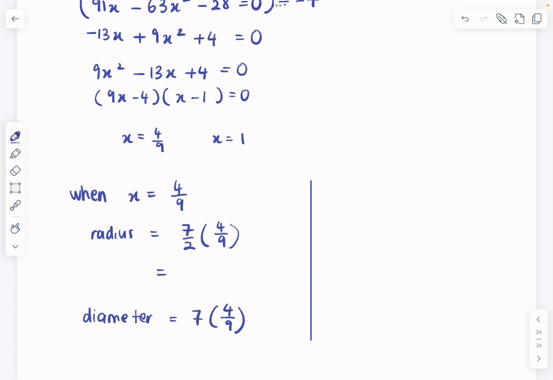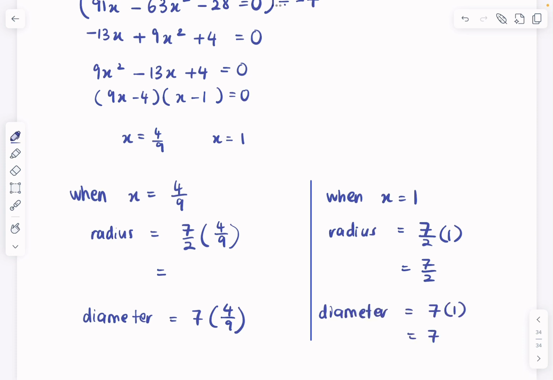And when x is 1, the radius is 7 over 2 times 1, which is 7 over 2, and the diameter is just 7x, which is 7.